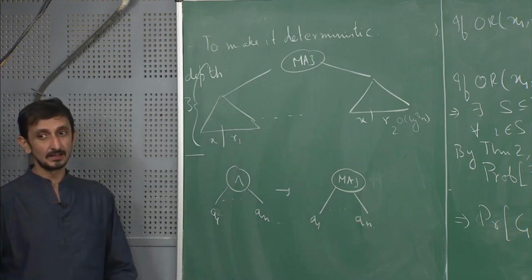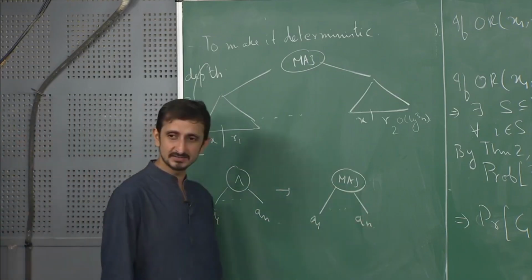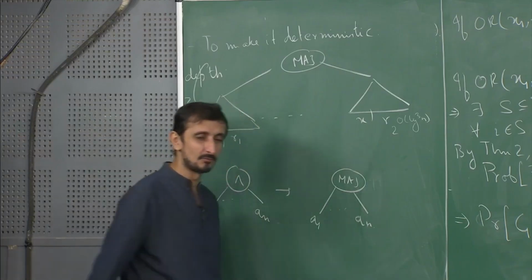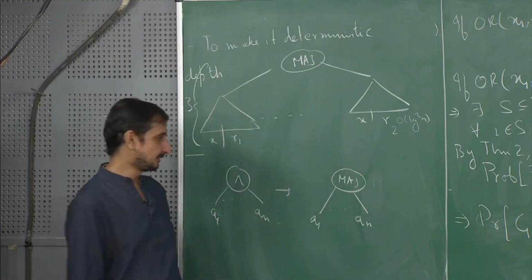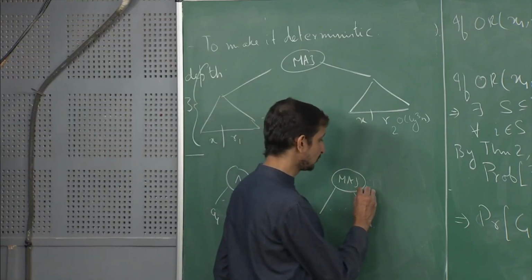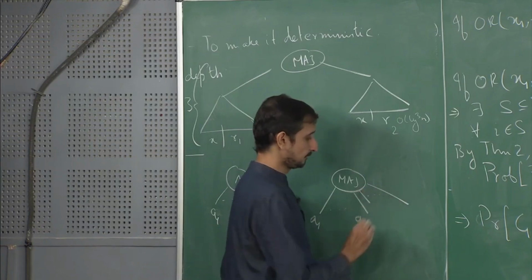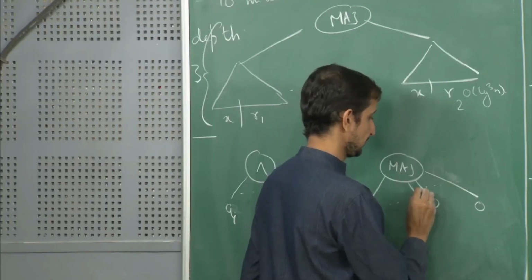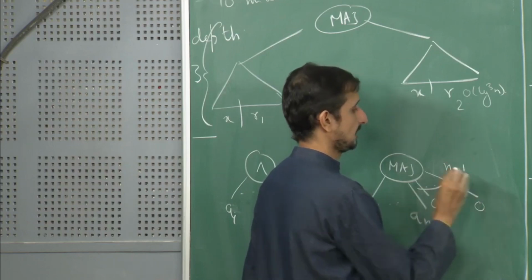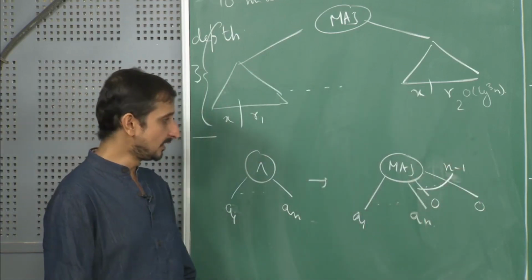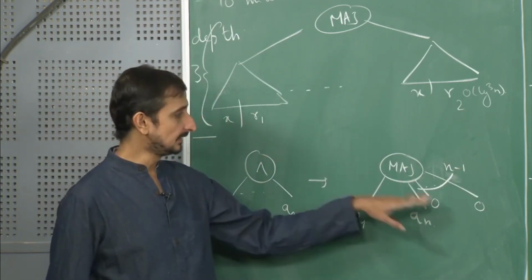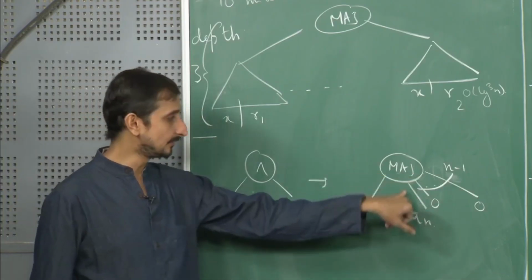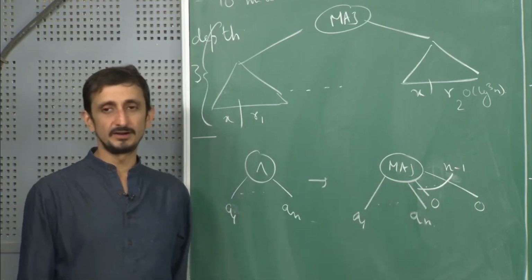How many more bits? Well, n minus 1 more bits, right? And what will those bits be? All zeros. This is n minus 1. So only if all of them are ones, then the majority is 1. Even if one of them is 0, then the majority is not 1.